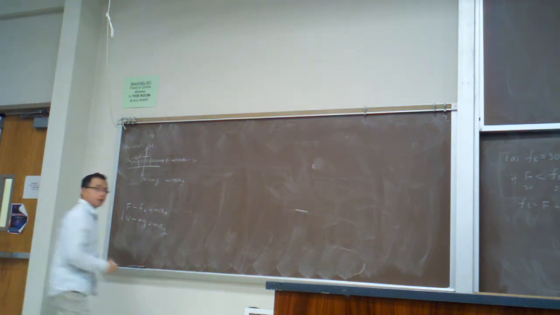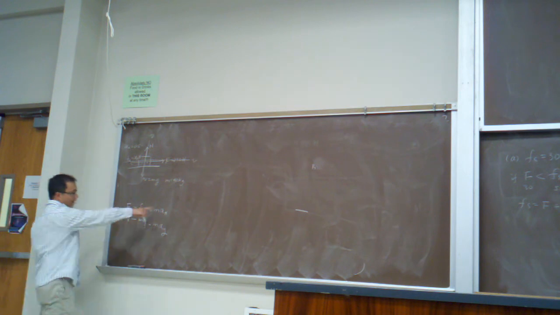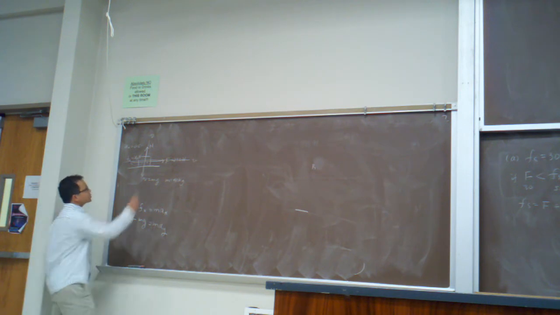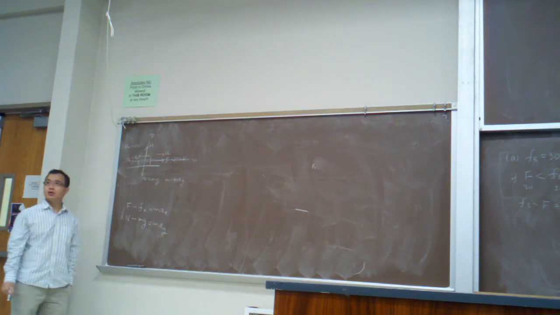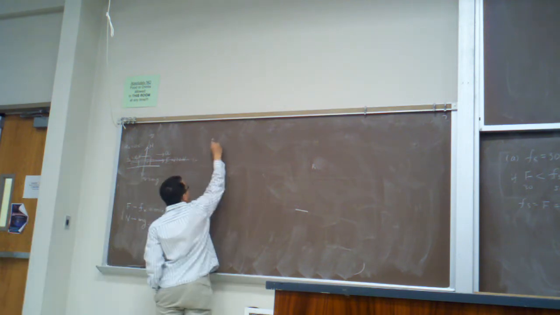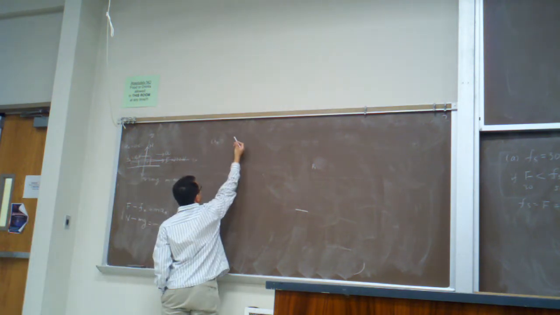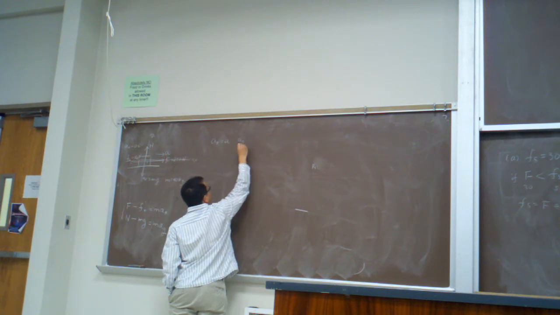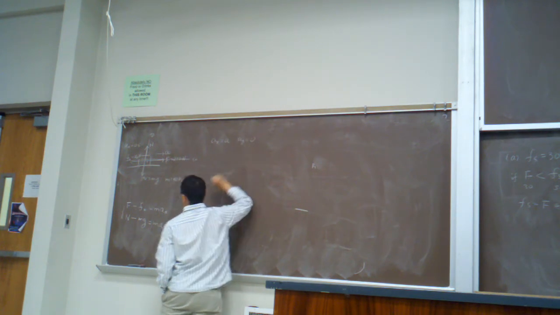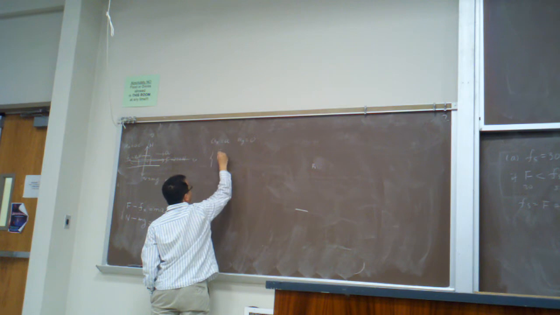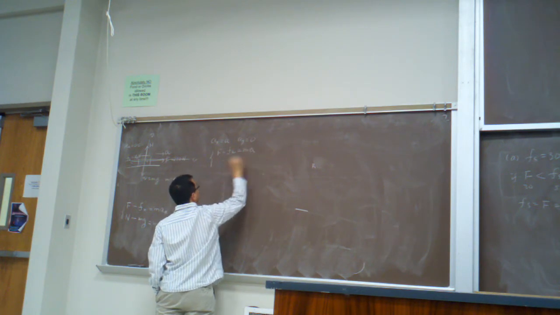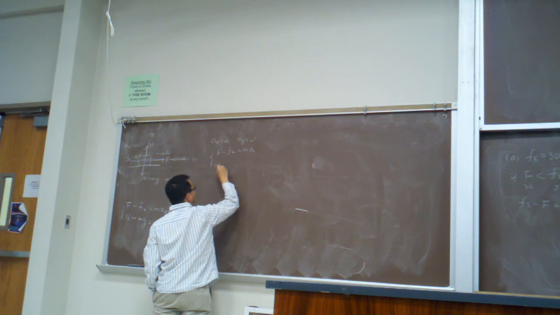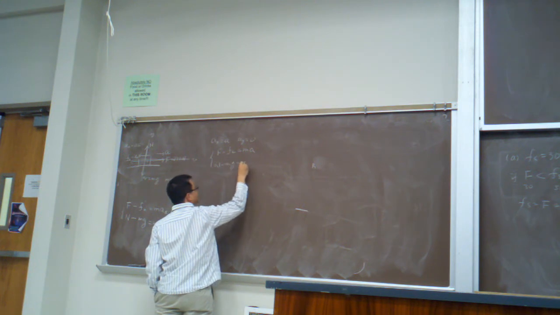And then, what we are going to do is to look at the acceleration. In this case, the acceleration is like this, right? So we should have ax equal to what? And ay equal to 0. So we get F minus fk equals ma and N minus mg equals 0, right?